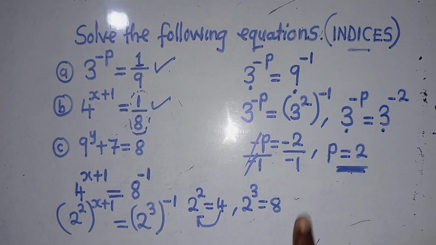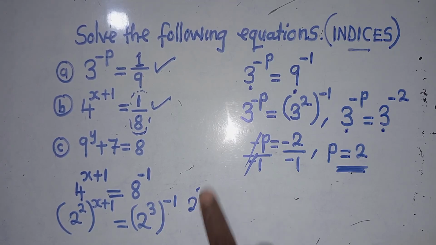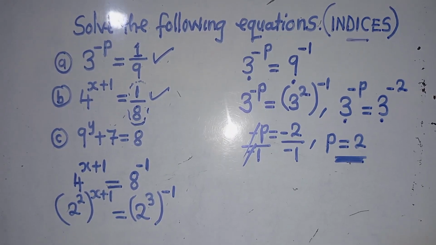I just wanted you to get what I'm doing. From here is where I multiply the power that is inside times the power that is outside. 2 times x is 2x, and 2 times 1 is 2.